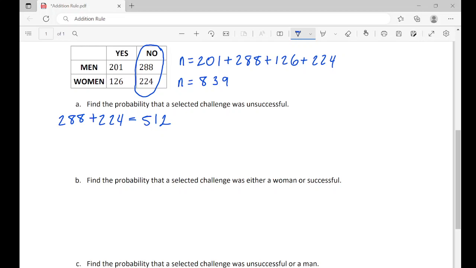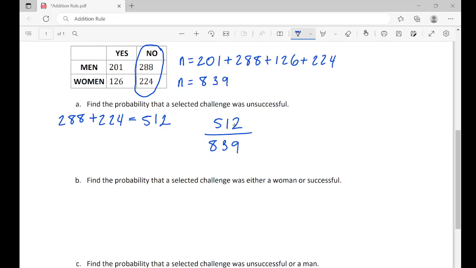Now we want the probability. Probability just means what we want over what there is in totality. So what we want is no, which is 512, divided by the total number, which is our n value, 839.